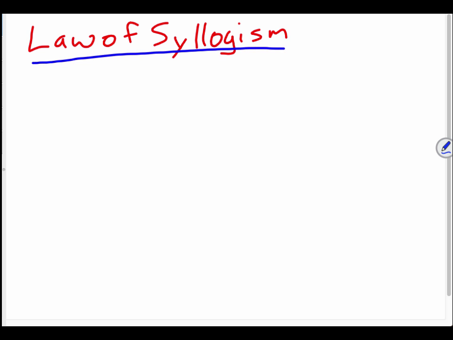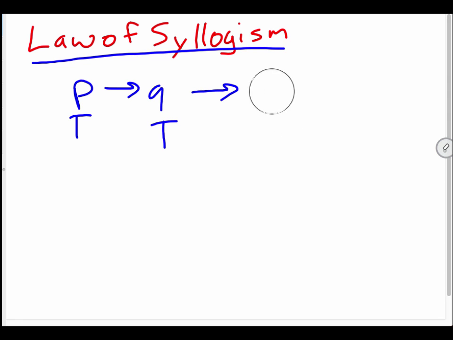So now anyways, law of syllogism is this. If P is true, according to the law of detachment, what do I know about Q? It's true, right? But what if I were to say, if Q is true, what do I know about R?